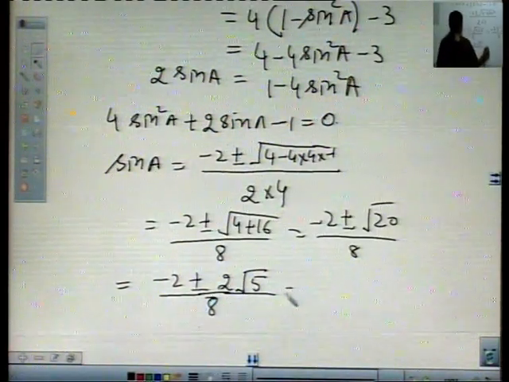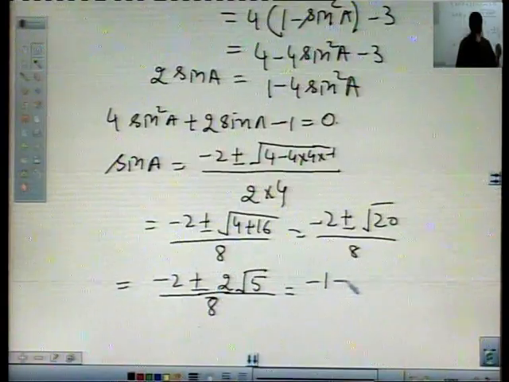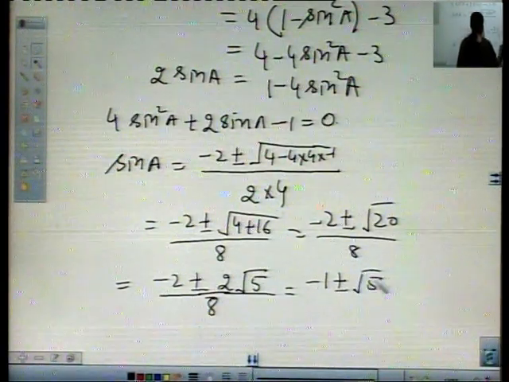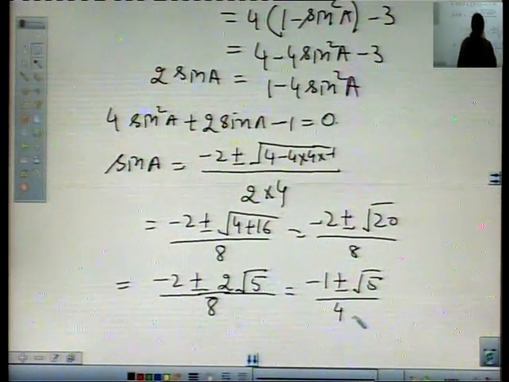By taking 2 common, we will get minus 1 plus minus root 5 upon 4.